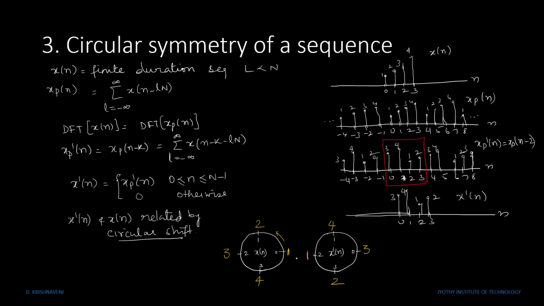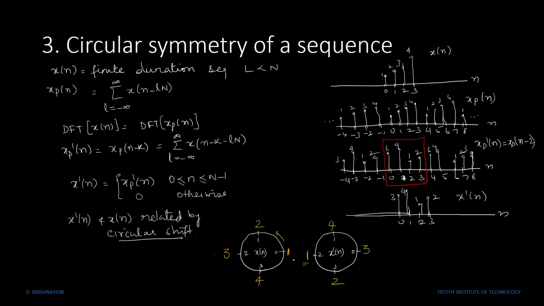Then this one has gone by 2 positions. So position 1, position 2. So we got 1 here. 2 has shifted by 2 units, it was in position 1, now it will come to position 3. The sample 3 which was at position 2, now it has come to 0. Sample 4 which was in position 3, now it has come to position 1.